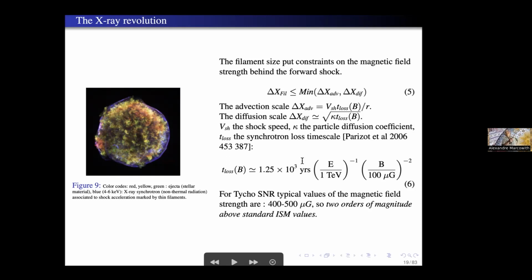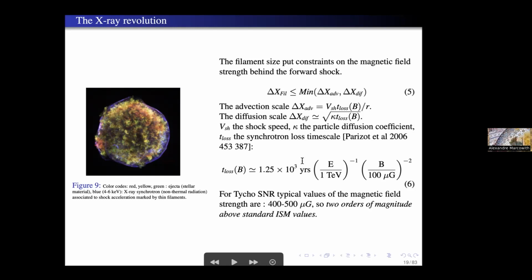One is the advection scale, that is, particles are advected behind the shock for a synchrotron loss time scale at a speed equal to the shock speed divided by the compression ratio. So we are downstream. The other is the diffusive scale, where particles can have some diffusive random walk, but still within a loss time scale. As the loss time scale depends on the magnetic field, you can put some constraint on the magnetic field.